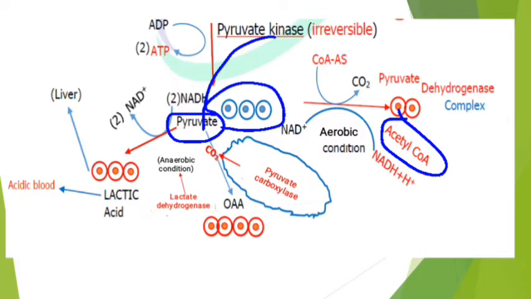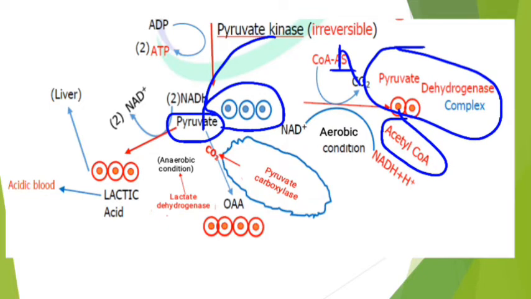In our next class, when we move toward the TCA cycle, you get to know that acetyl-CoA combines with oxaloacetate to form citrate, which then generates enough energy to drive the living being. But this is catalyzed by a complex enzyme, the pyruvate dehydrogenase complex, adding CoA-SH.